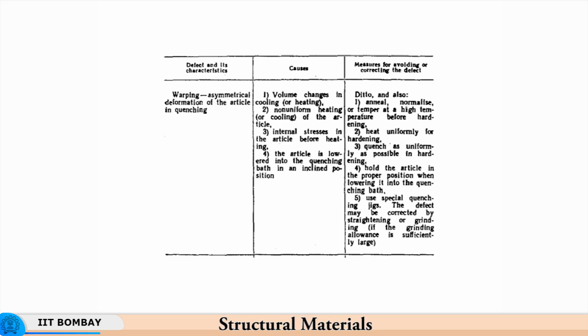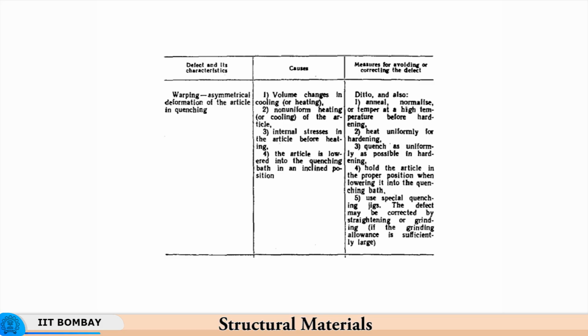The quenching rate as felt by the material will be faster as compared to the quenching rate where the cross sections are relatively big. So, it is important that we design the quenching process to be as uniform as possible, so that we get uniform hardening. Hold the article in the proper position when lowering it into the quenching bath.